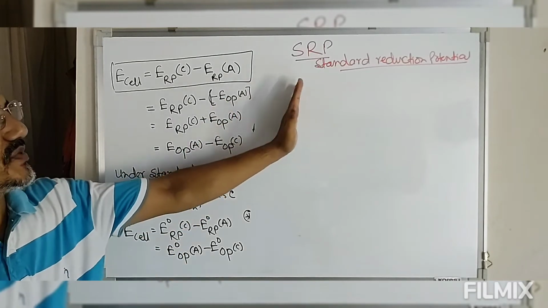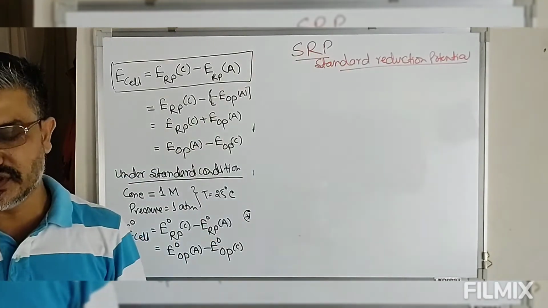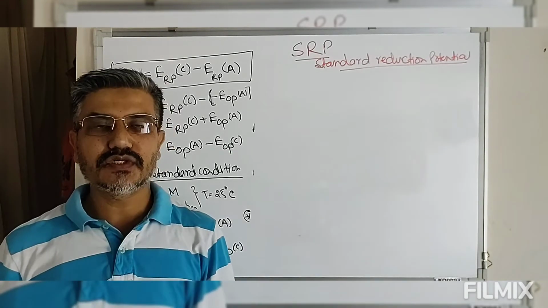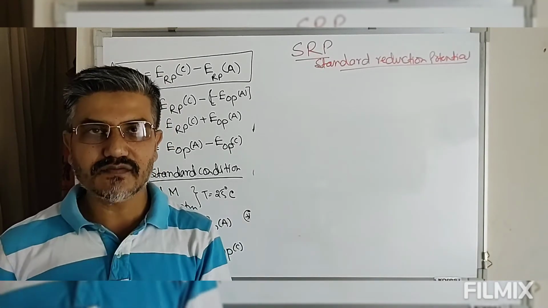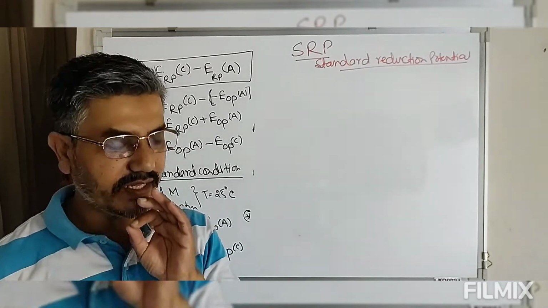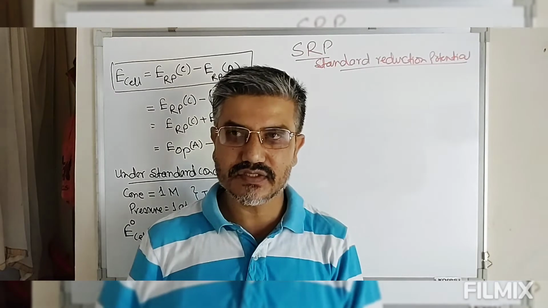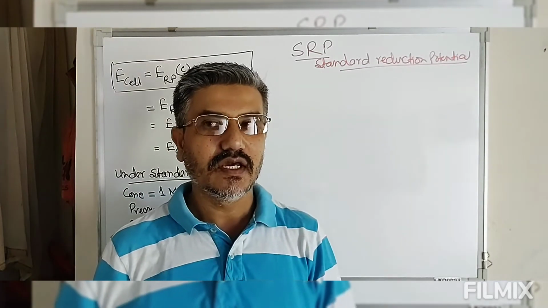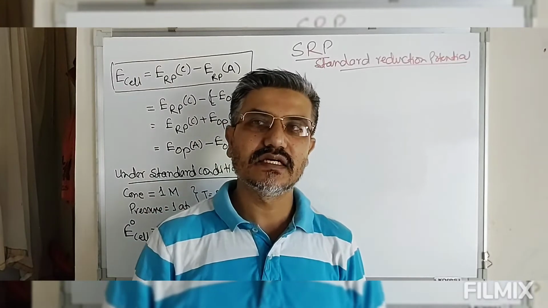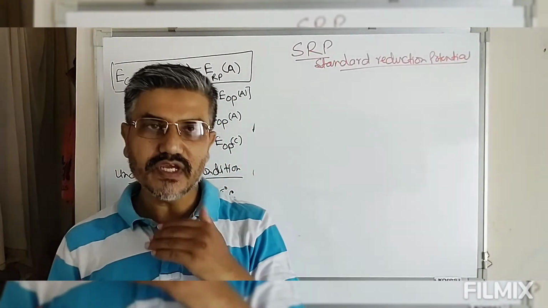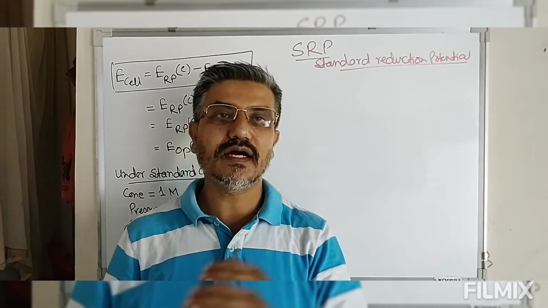Now this standard reduction potential of a half cell cannot be measured alone. We can never measure the standard reduction potential of an individual half cell alone. To measure it, we need to develop a complete cell.